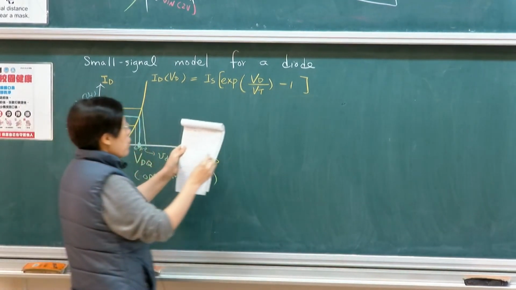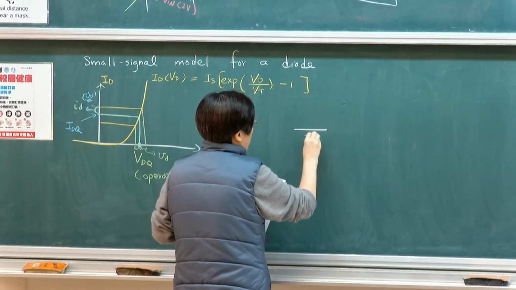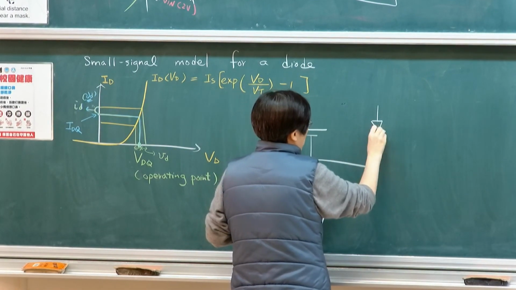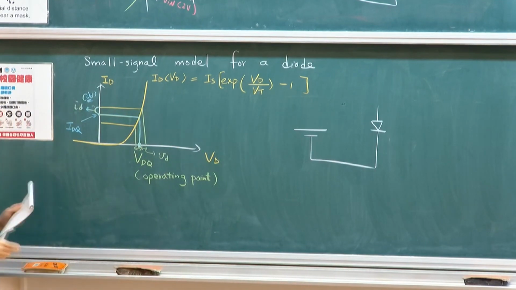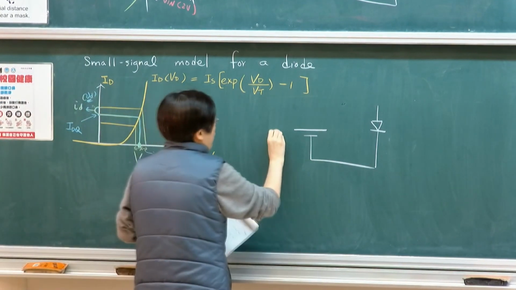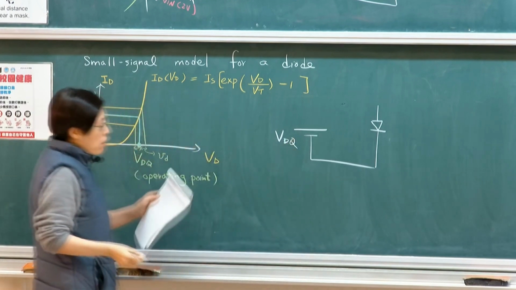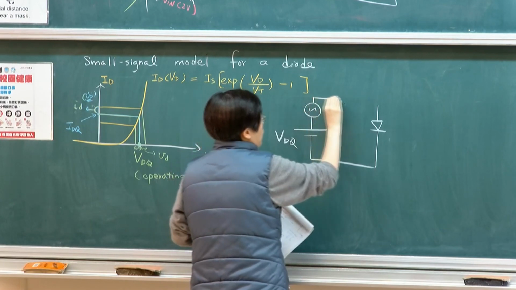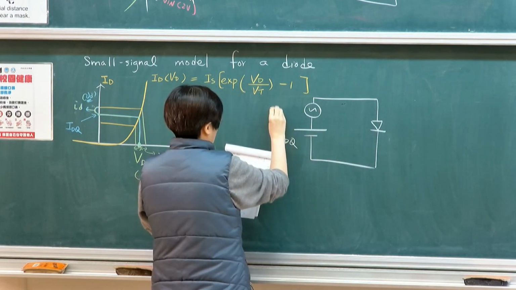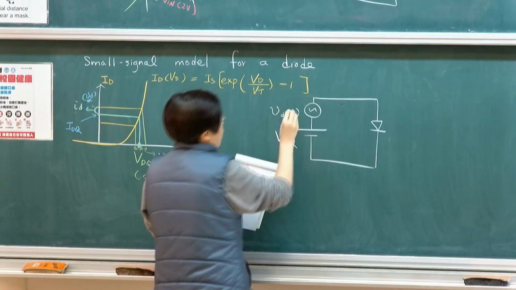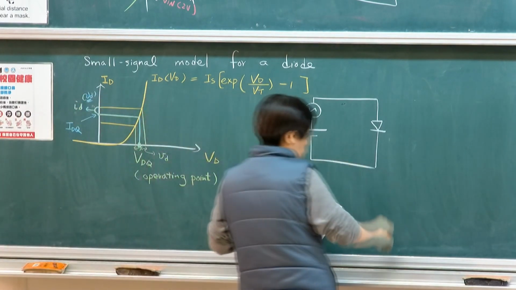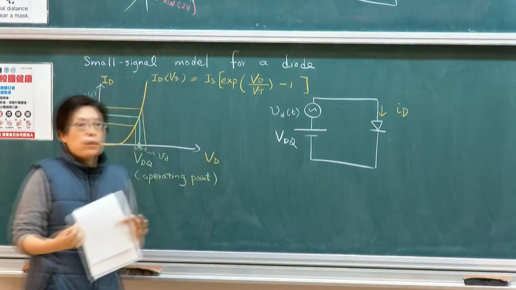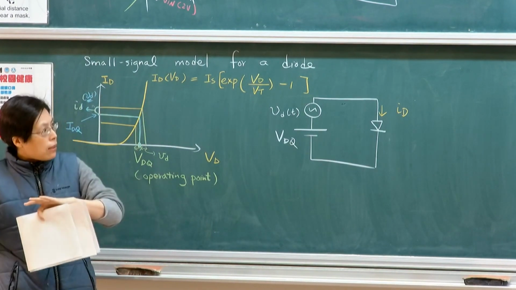If you look at this circuit, it will look something like this. How do I actually test it? I have a diode. Remember, if I'm doing DC analysis, I simply apply a fixed level, VDQ. If I'm doing small signal analysis, I superimpose a small signal. Then the total current, remember our convention, consists of two parts: the DC component and the AC component.